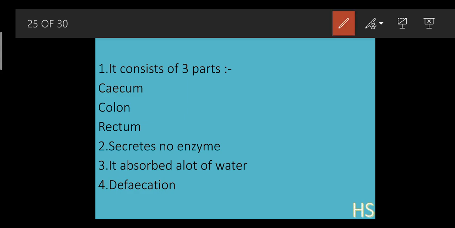So basically we are not going to learn any names out here. It is a place where absorption of a lot of water takes place. Here only the water is going to get absorbed, not the food. Food we have already studied in the small intestine.